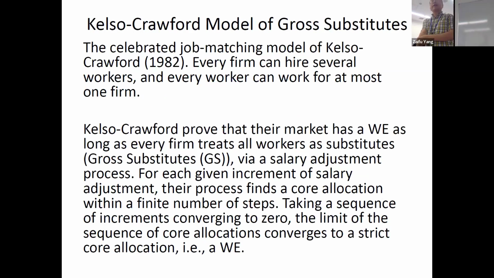Let's first look at the very celebrated job matching model of Kelso-Crawford. It's interesting to notice that in that issue, Crawford published two famous papers, the other one with Sotomayor, in the same volume. It's quite amazing.